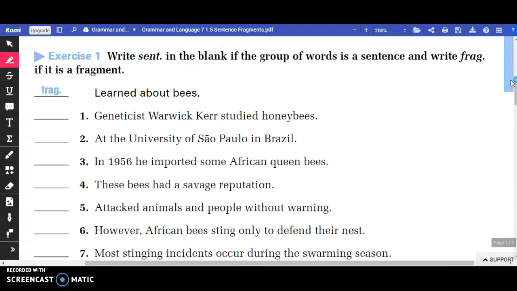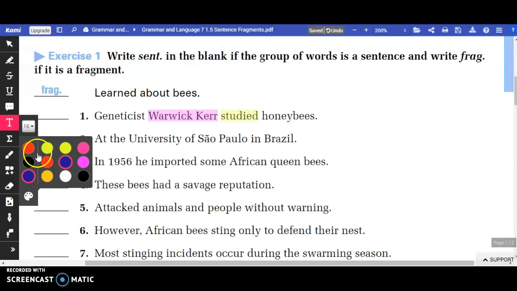Geneticist Warwick Kerr studied honeybees. The sentence is about the geneticist Warwick Kerr, and what he did was he studied honeybees. So I have both a subject and a predicate for number 1, so it is a sentence.